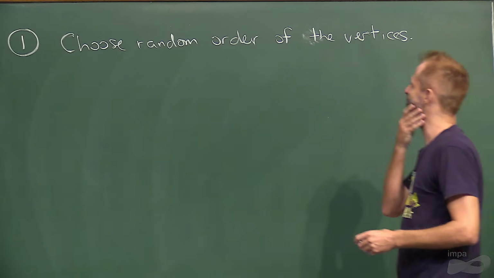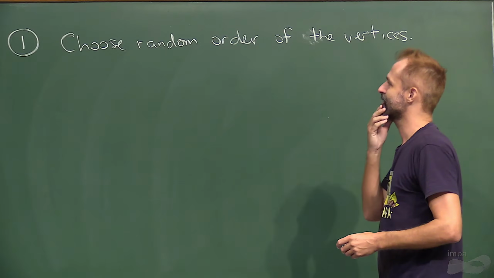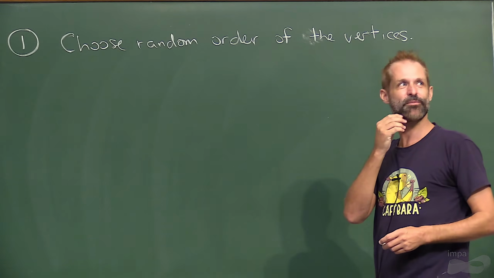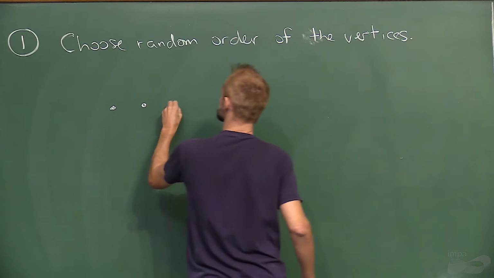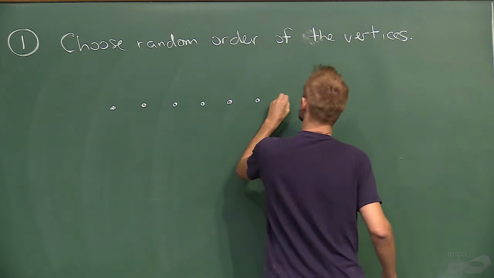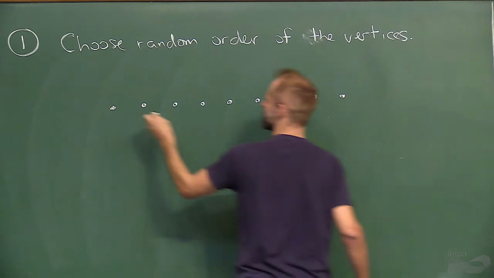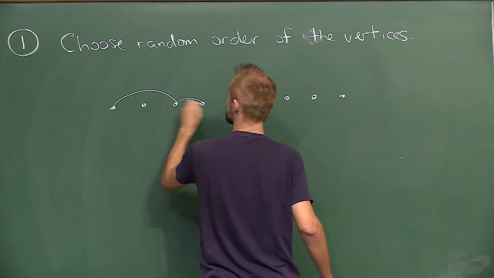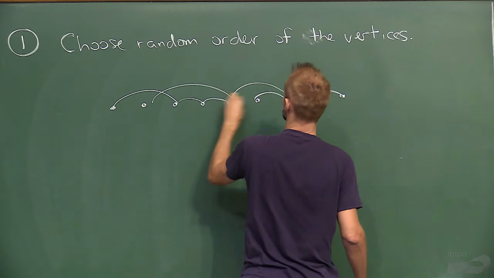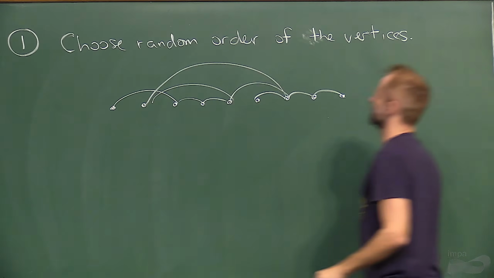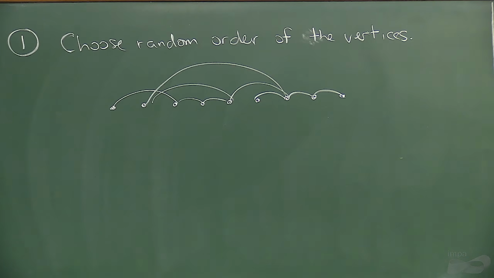Now, what is our random variable x going to be? We've got this random ordering, so we've got this sort of ordered graph. We want to find an independent set in this graph. Can you see how to find an independent set?